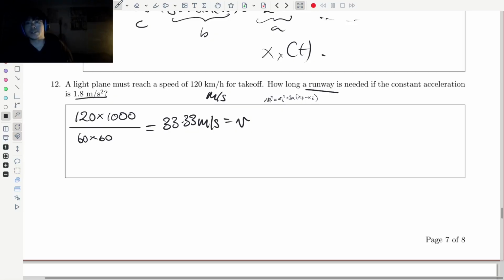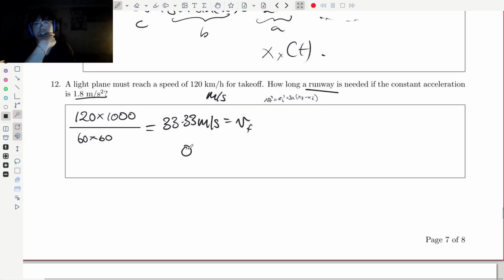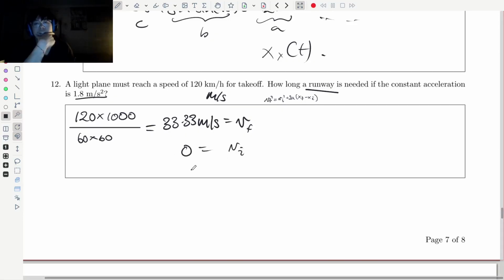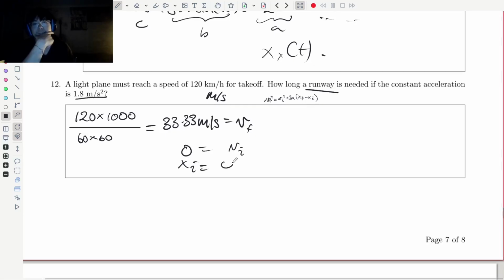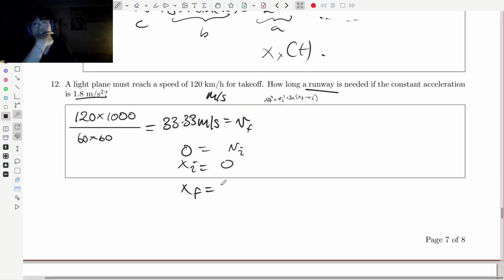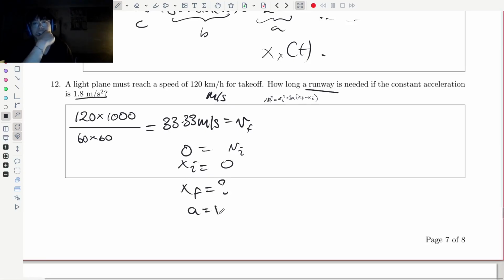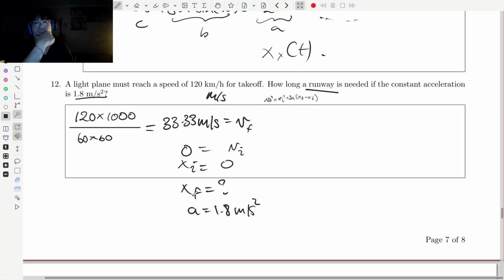And then this is going to be our final velocity. Our initial velocity will be 0. Our initial displacement will be 0. Our final displacement is the variable that we're looking for, and a is 1.8 meters per second squared. The reason why I'm setting xi to be 0 and vi to be 0 is because I'm going to solve this problem under the assumption that this plane is starting from the origin, which makes sense because we are getting ready for takeoff.